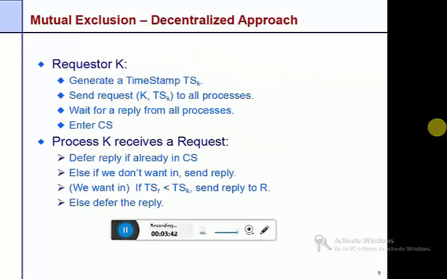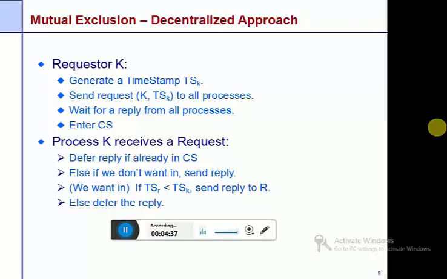Mutual exclusion, decentralized approach. Requester K generates a timestamp TSk. Send request K and TSk to all processes. Wait for a reply from all processes.